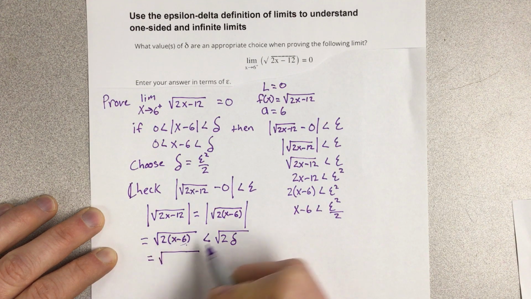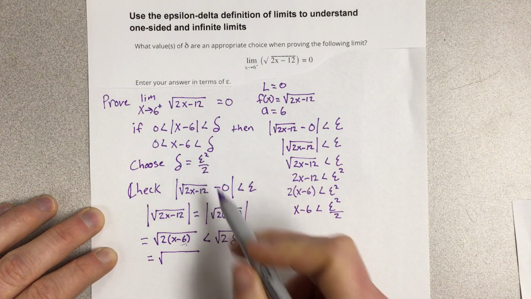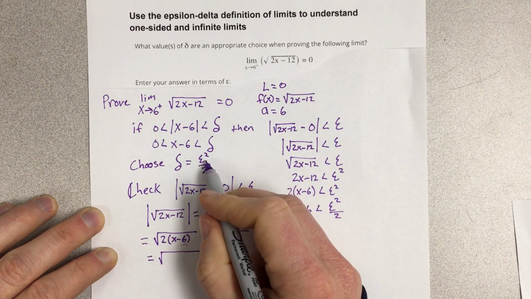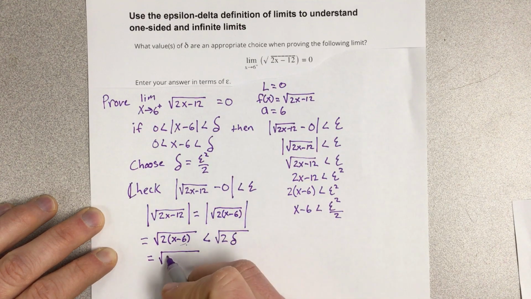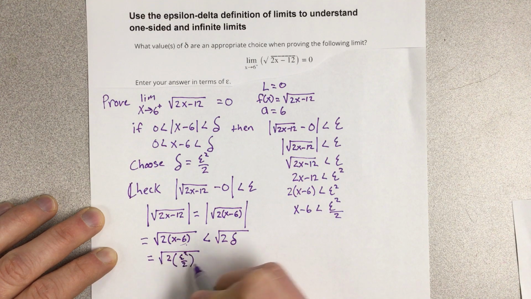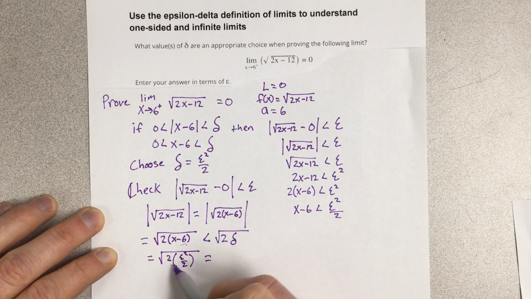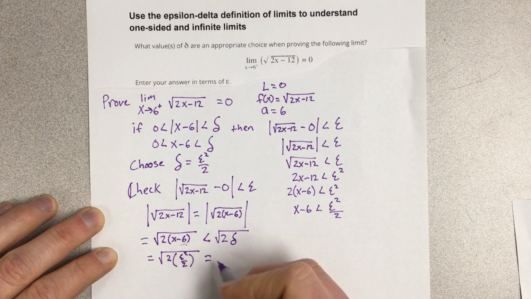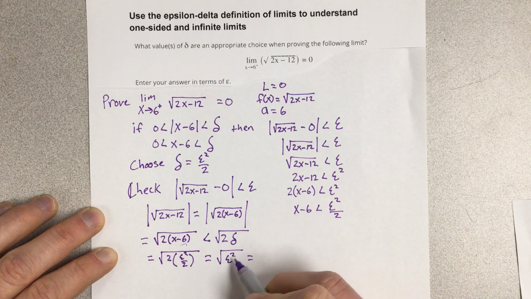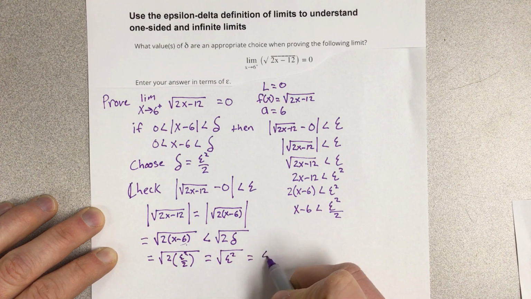That is equal to the root of, if I plug in epsilon squared over 2, which is our delta, 2 times epsilon squared over 2. When I multiply here, the 2's cancel, so I get the root of epsilon squared, which is equal to epsilon.